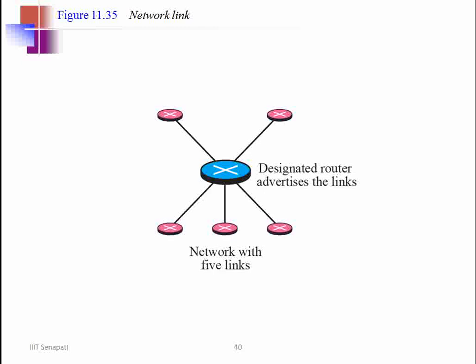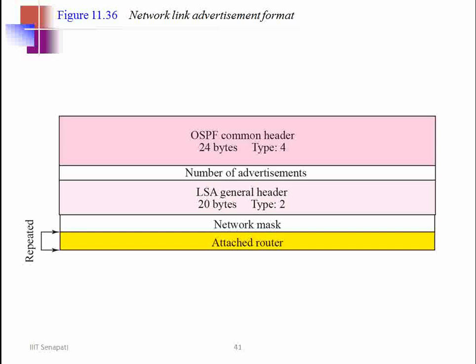So this was for router link, right? If it is a network link, what will happen? In this case, you will have a designated router, right? It will advertise the links. However, you will have a packet format, right? It is very simple, where you will have just the network mask and attached router. Very simple.